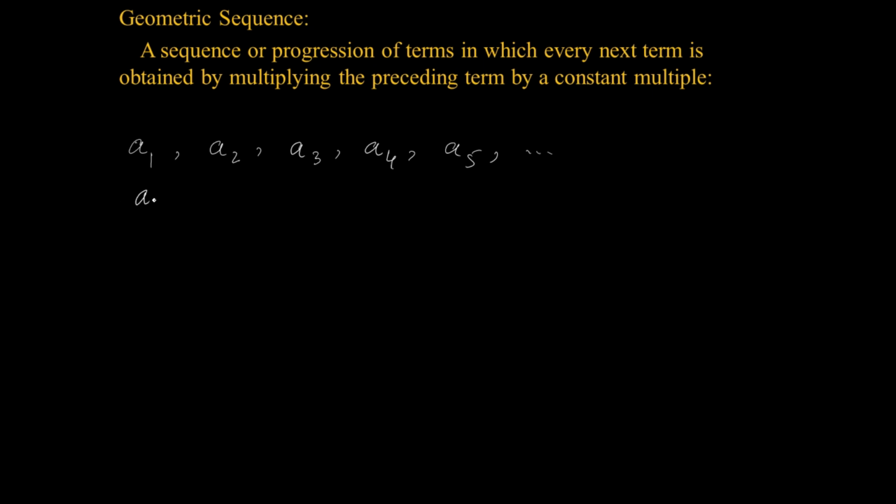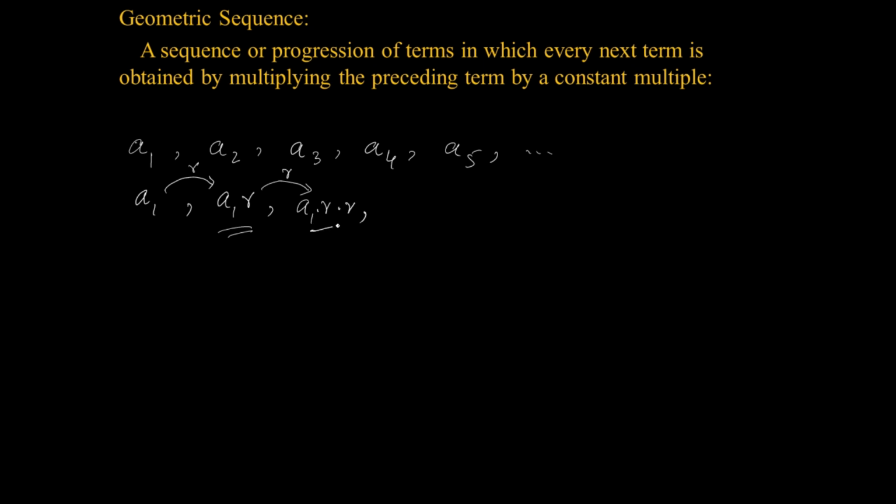Now if I multiply the first term with r, which is a common ratio, so a1 multiplied by r, this is the second term I get from the first term. Now this second term is again multiplied with r to get the third term, which is a1 multiplied by r multiplied by r.